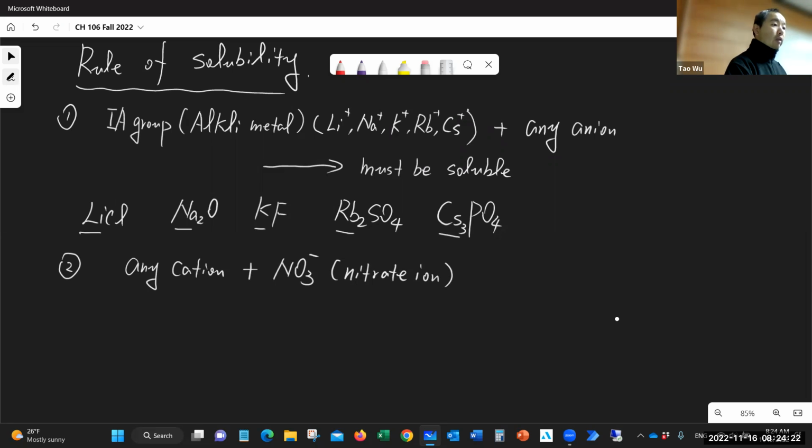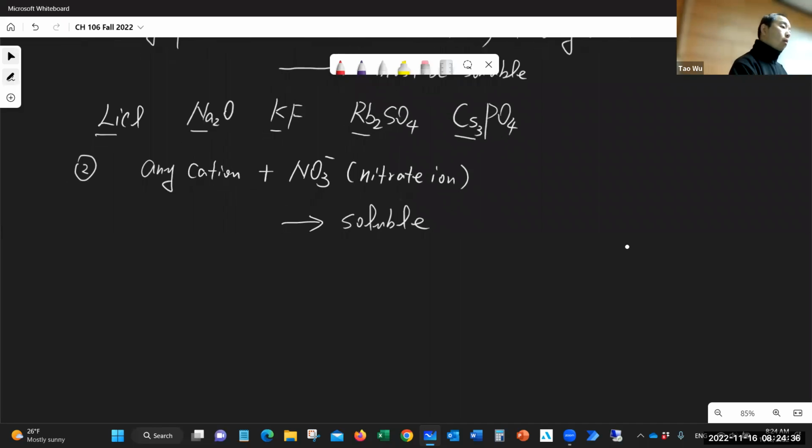Those are definitely soluble. Any cation plus nitrate, those are soluble.